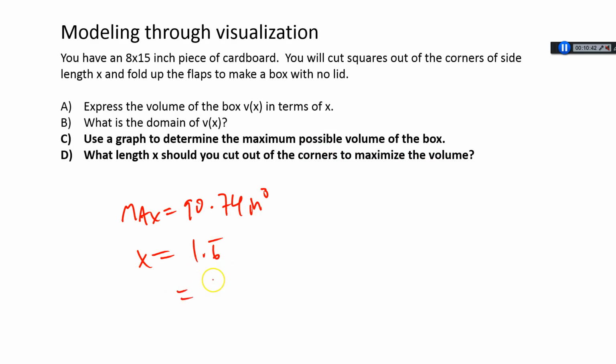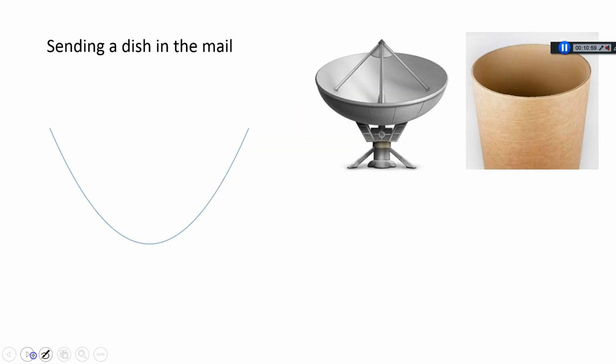Let's see, 3 and 2 are 5/3. So 5/3 inches that you should cut out from each corner. Cool. So as you can see, a little visualization, a little bit of modeling using an equation, but nothing too ridiculous.